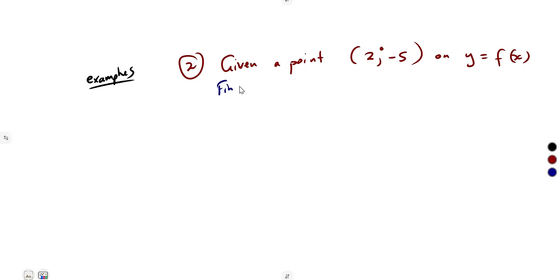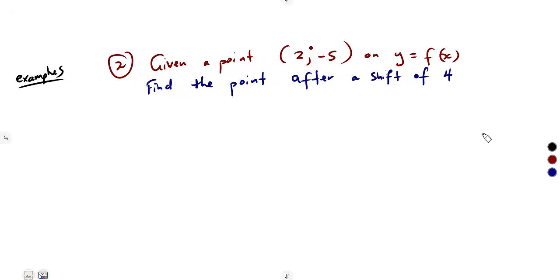Find from this the point after a shift of 4 units up.